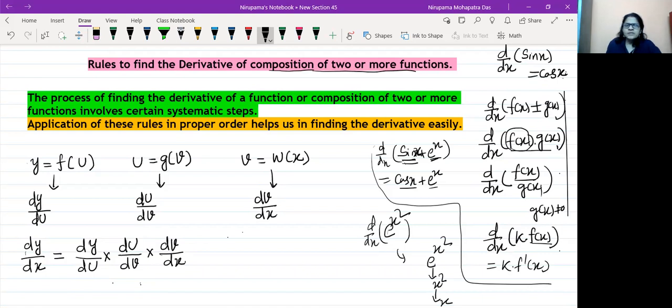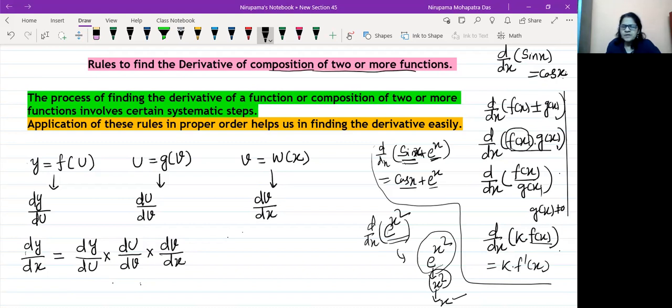In such cases it is a composition of two functions: one is x square, which is a function of x, and the other is e to the power x square, which is a function of x square.